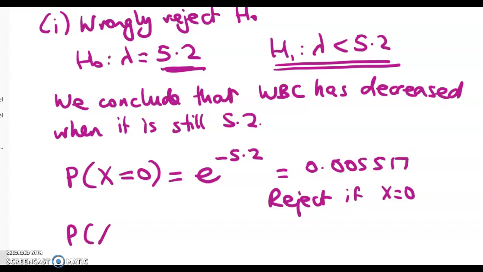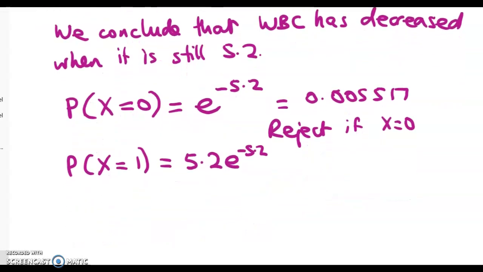Now what about if x is equal to 1? Well, if x is equal to 1, we can find the probability using the recursion relationship. I'm not going to review that completely, I'm just going to use that here. We did that much earlier when we first looked at the Poisson. So the probability of x equaling 1 is equal to that, but that's not what I'm looking for.